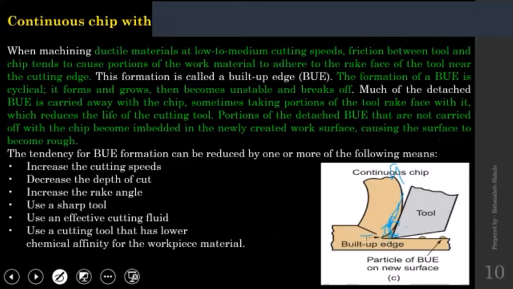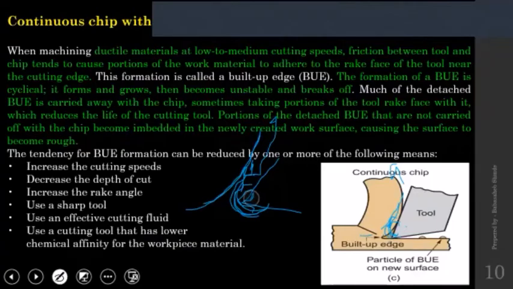But while going away with the chip, it will take some cutting tool material also with it, because it was stuck to the cutting tool. That is nothing but wear of the cutting tool, and that is not desirable.